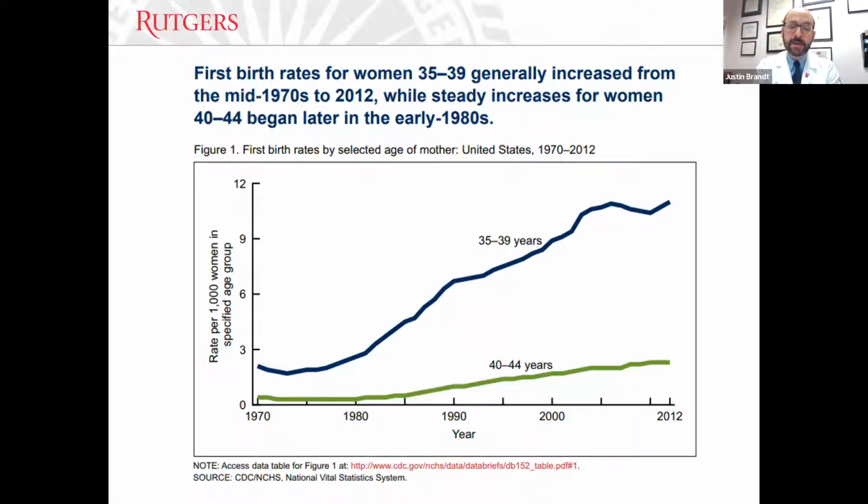And this is stratified by maternal age, 35 to 39 and 40 to 44. And we see that the first birth rates for women in their late 30s increased substantially during this period from 1970 to 2012. But we also saw an impressive increase among first births for women in their early 40s. And that really started after 1980.